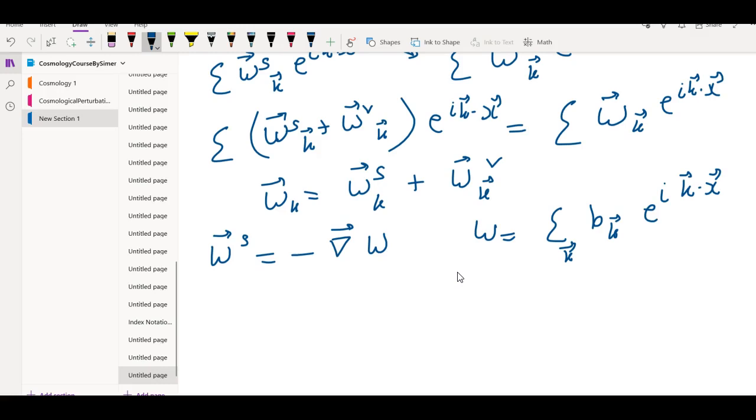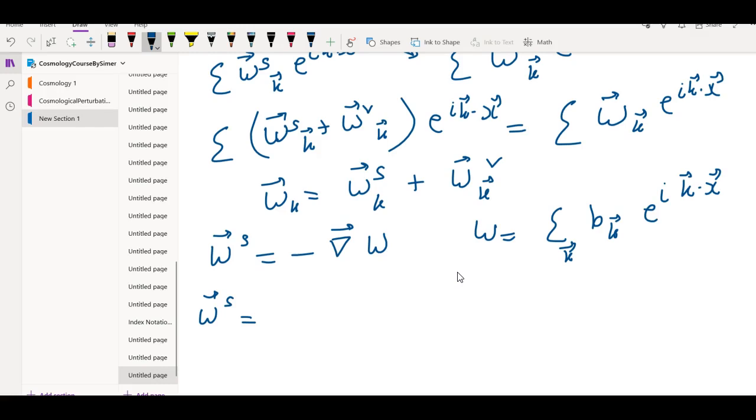Let's see that if I write it like this, then what do I get for this W scalar? For W scalar vector, I need to take a gradient of this.